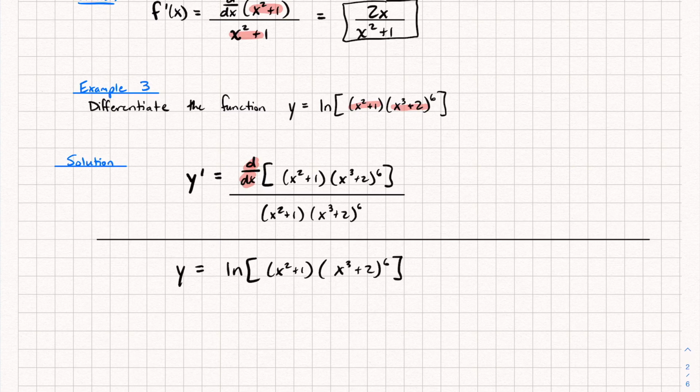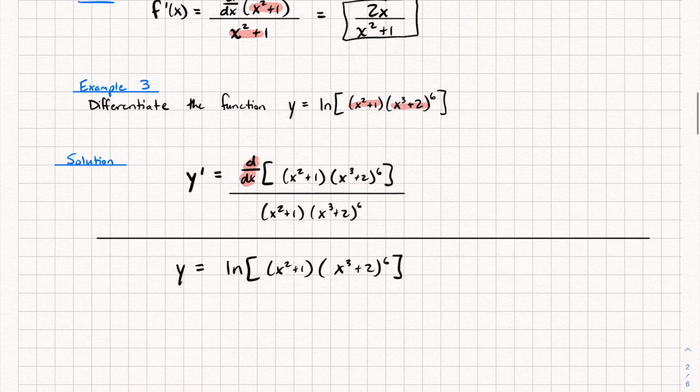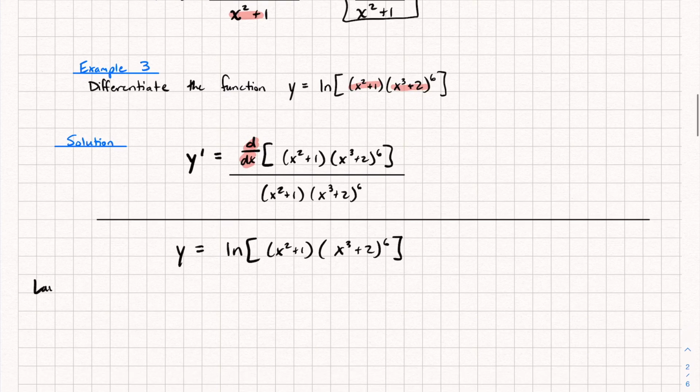And before I start looking at the derivatives, what I'm going to use is the laws of logarithms to expand this. So again, law 1 tells me that if I am multiplying on the inside of a logarithm like this, so remember that product rule that we saw when we came time to derive that, when I'm multiplying pieces on the inside, I am allowed to expand this into two separate logarithms where I add in between.